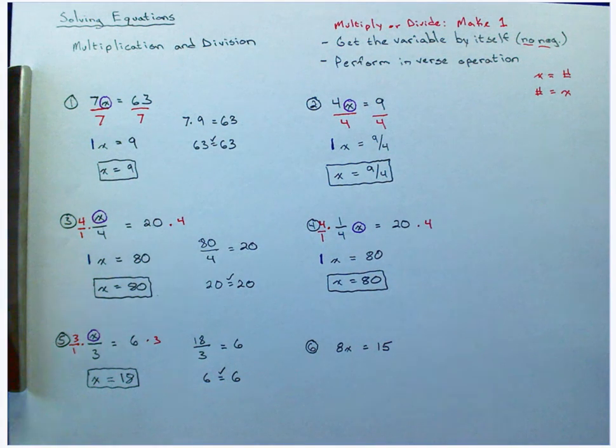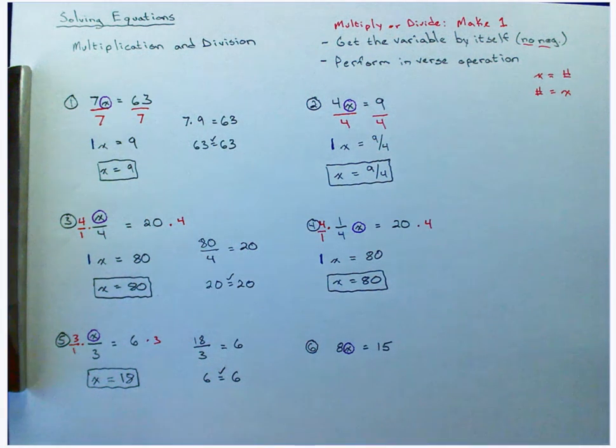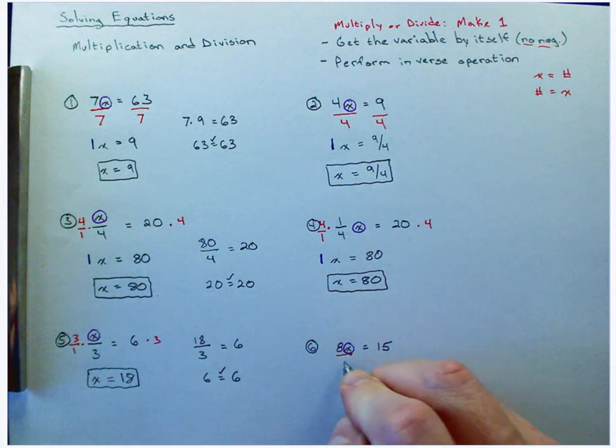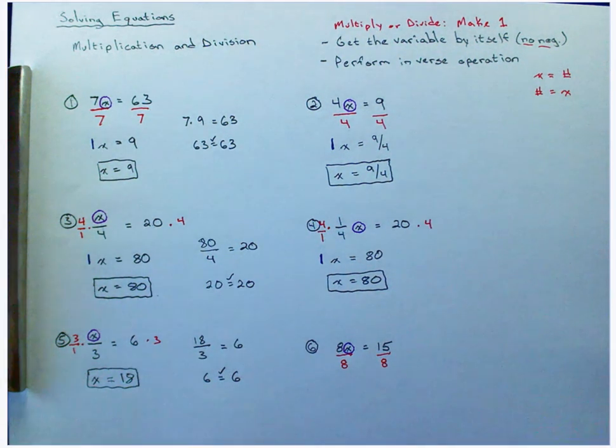Next one, want to get that x by itself. And there we have 8x equals 15. Okay, 8x equals 15. What is going on between the 8 and the x? Multiplication. So I'm going to divide by 8. If I do it to one side, I have to do it to the other.